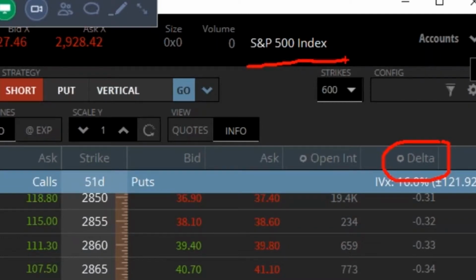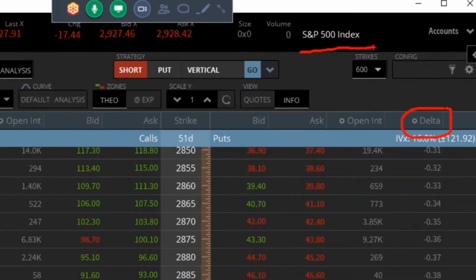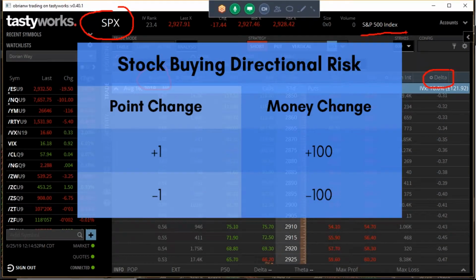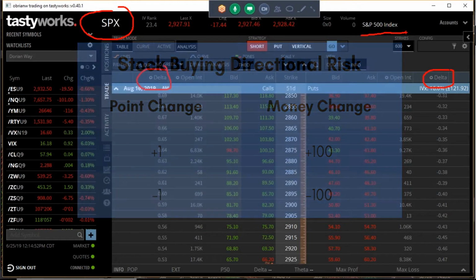If we're trading this and we have 100 shares of it, it means that we will make or lose $100 for every point that the SPX moves. So your directional risk is to the downside if you are long the SPX, and if you're short the SPX, your directional risk is to the upside. So delta measures how much you will make or lose for every 1 point in an underlying.